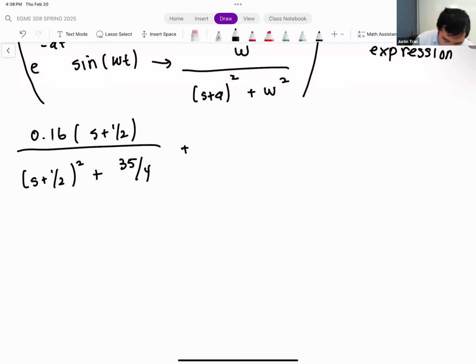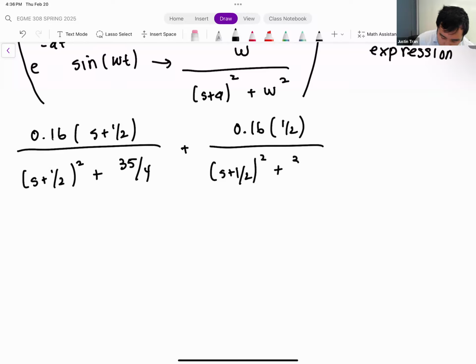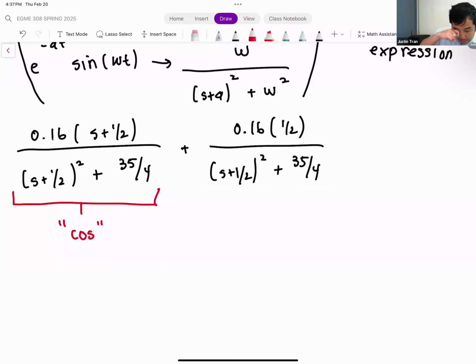So this is going to be add 0.16 times 1/2 divided by s plus 1/2 quantity squared plus 35/4. So I basically took that s plus 1 in the numerator and split it up into 2, so that on the left-hand side, this is the cosine. That's good, that's something we can use. And on the right-hand side, we have sine.